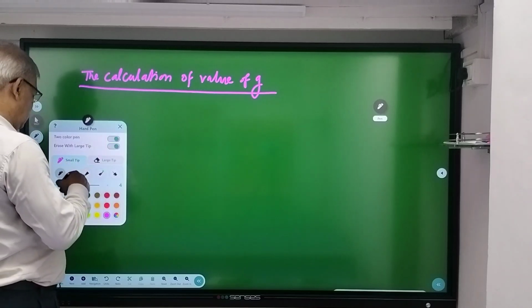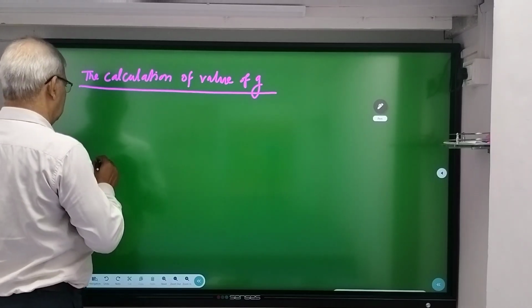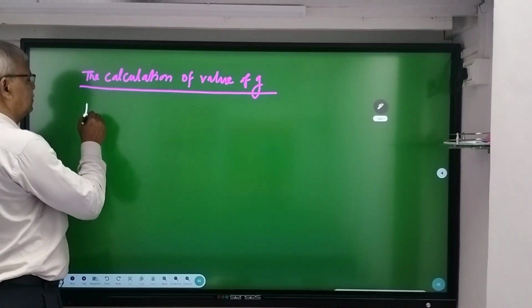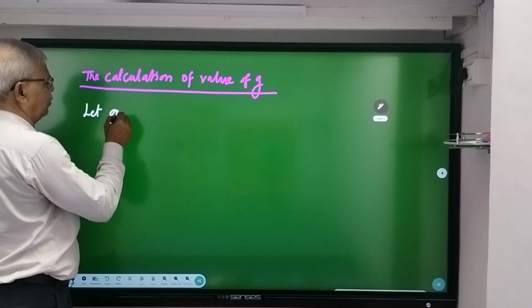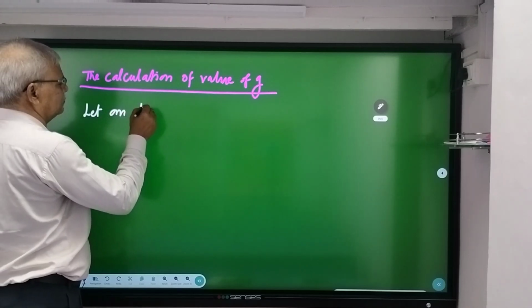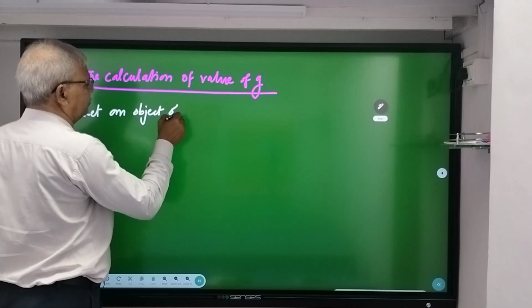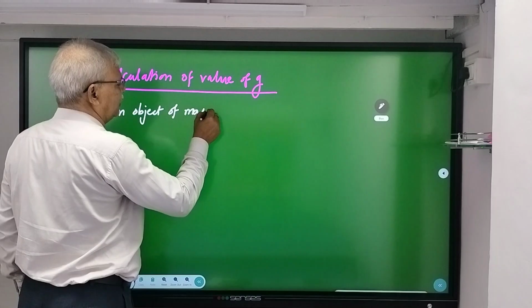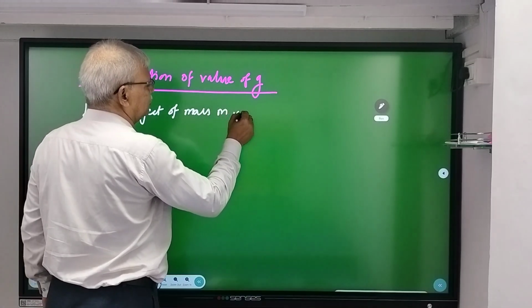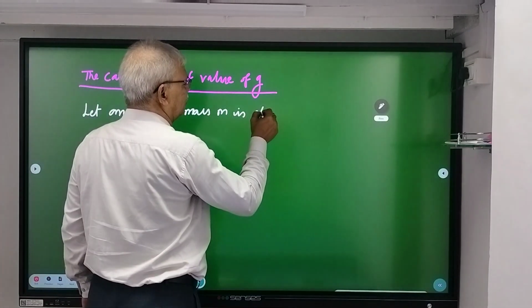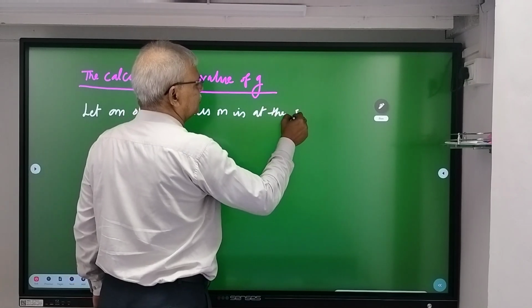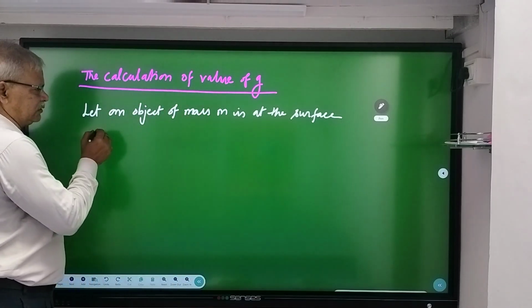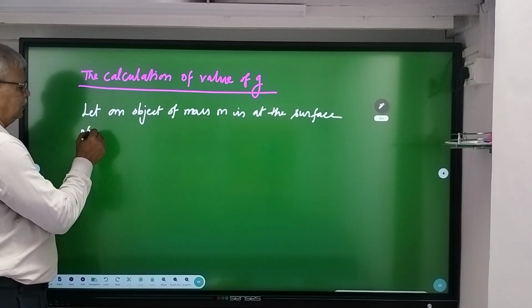See, let an object of mass m be at the surface of Earth.